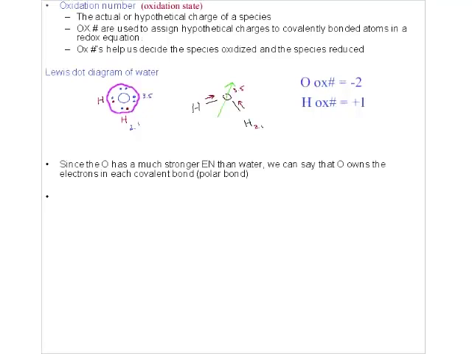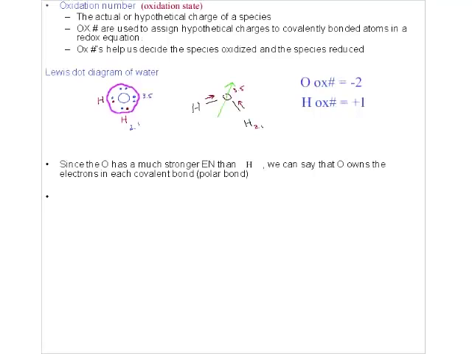So we're saying that since the oxygen has a much stronger electronegativity than the hydrogen, we can say that the oxygen owns the electrons in that polar bond.